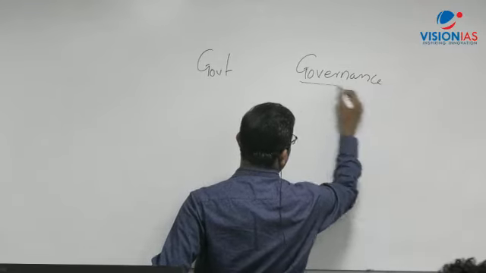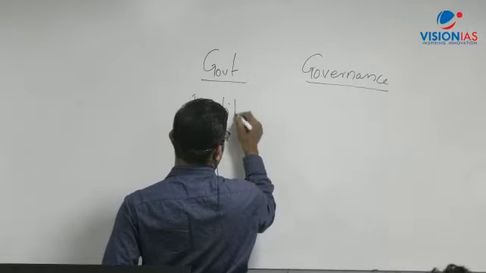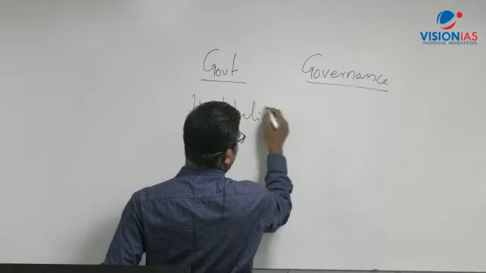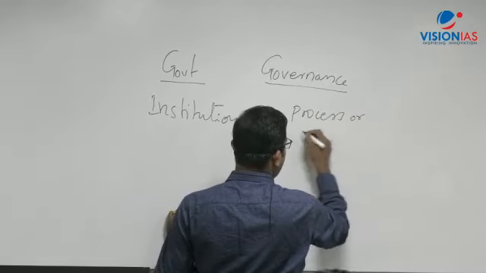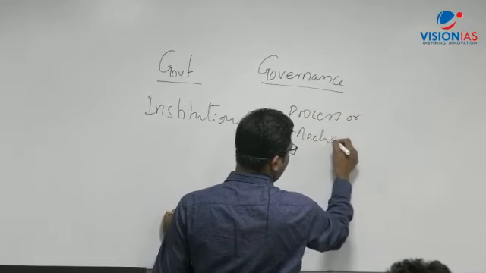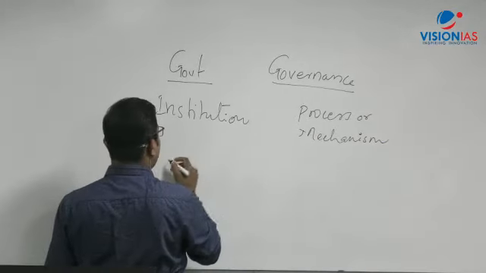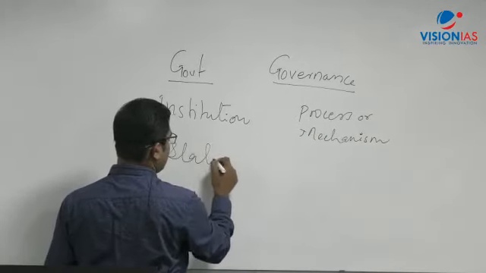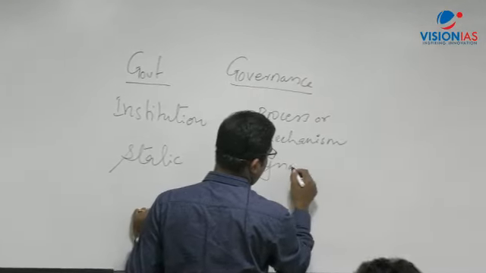Government is an institutional mechanism. Government is an institution. Whereas governance is a process or mechanism. It's static, it's more of a dynamic thing.